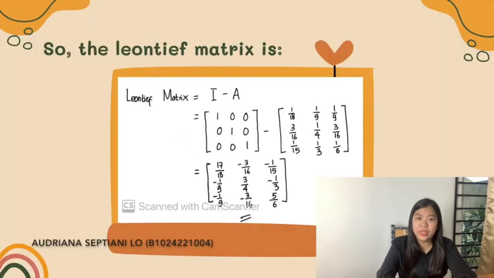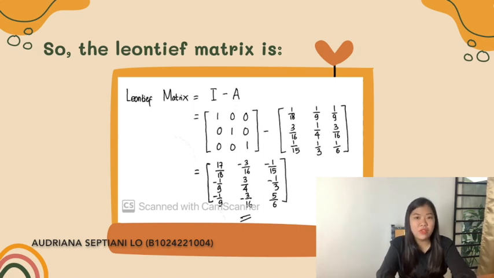So the Leontief matrix is I minus A: the identity matrix 1, 0, 0, 0, 1, 0, 0, 0, 1, minus the matrix 1/18, 3/16, 1/15, the next row 1/9, 1/4, 1/3, and the last 1/9, 3/16, and 1/6.